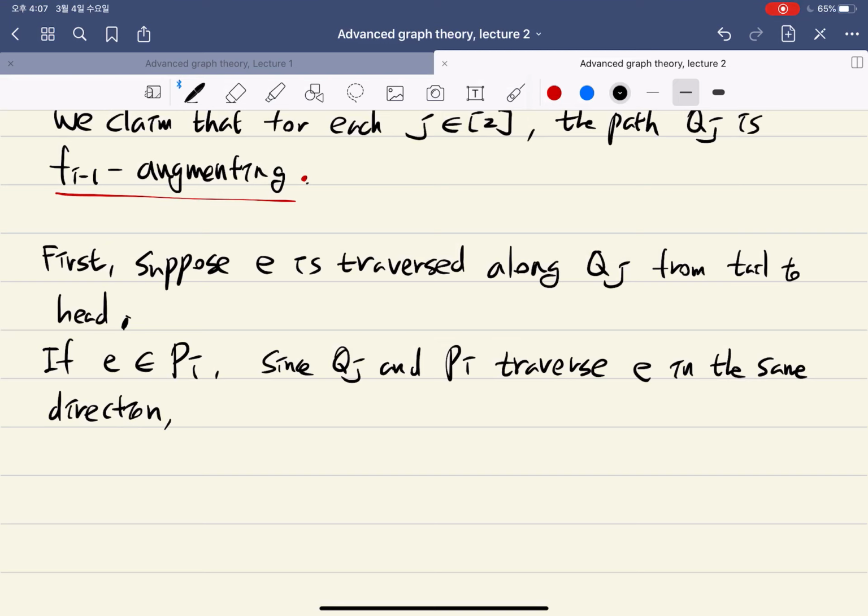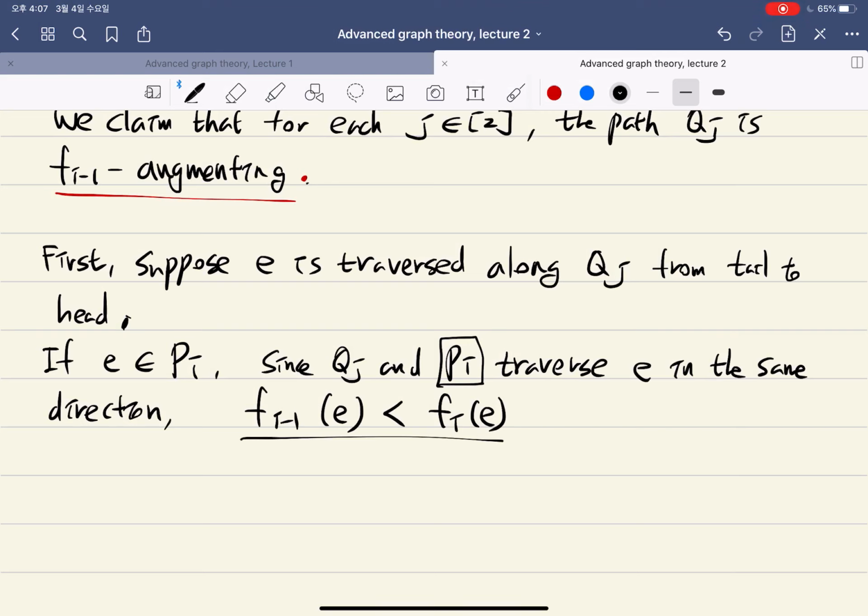So what do we know? e is part of pi, and pi is f sub i minus 1 augmenting. So we know that this inequality holds.